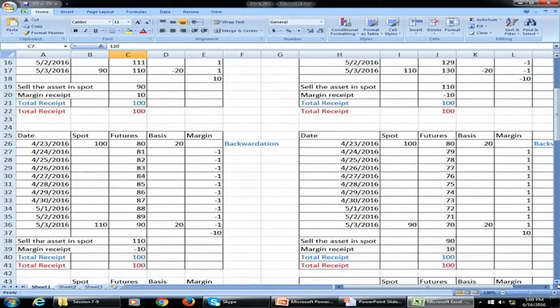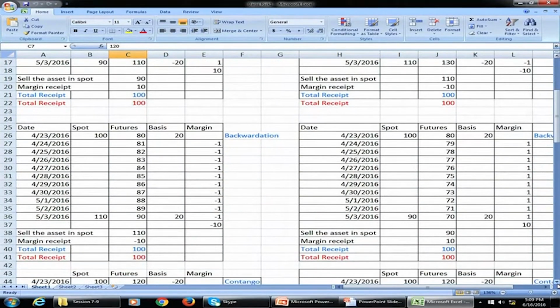Now let's take other situations. Initially we have taken a contango situation. Let's take a backwardation situation where the spot is 100 and futures is 80. Similarly, the futures price is increasing by 1 rupee every day, from 80 to 90, and the spot price is also increasing, giving rise to 20 as a basis both on the contract signing date and the contract squaring up date.